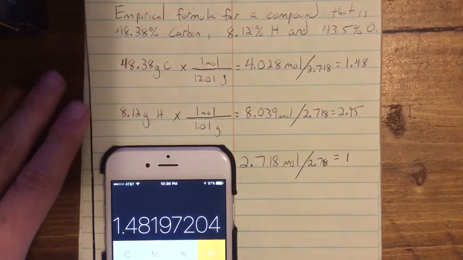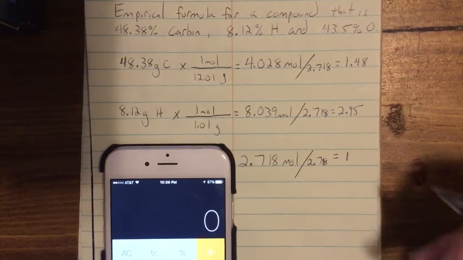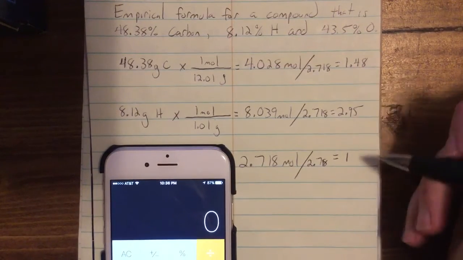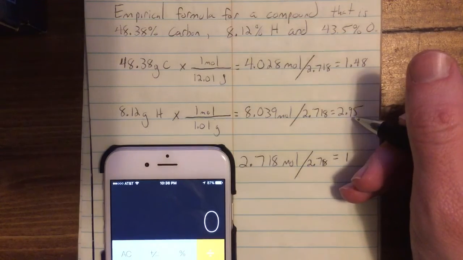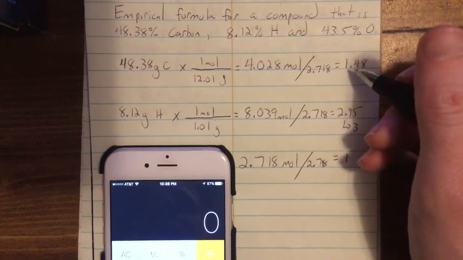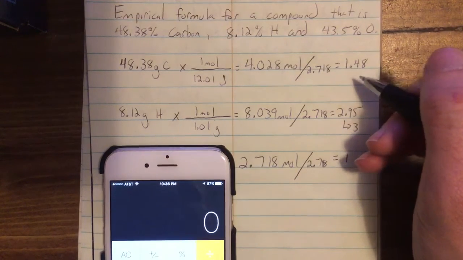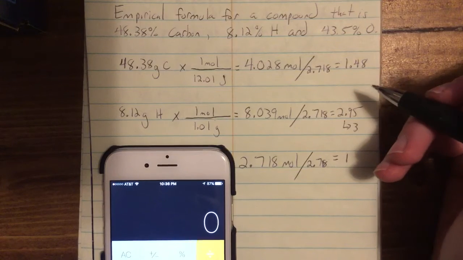Okay, so now here, what we have is values that aren't quite whole. Okay, so this one obviously is whole. 2.95 we can round to 3, but this value is 1.48, which is basically 1.5. You can kind of round it to that.